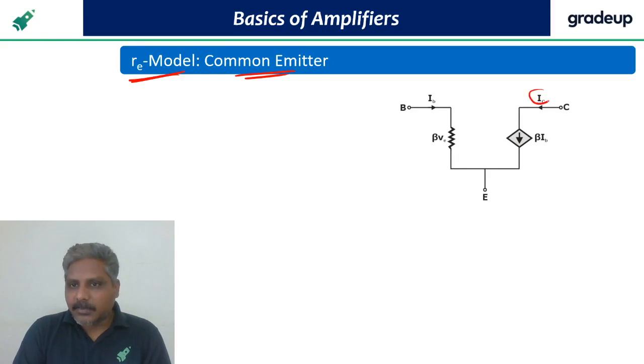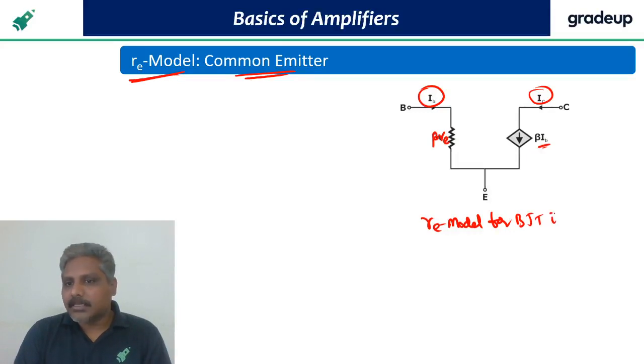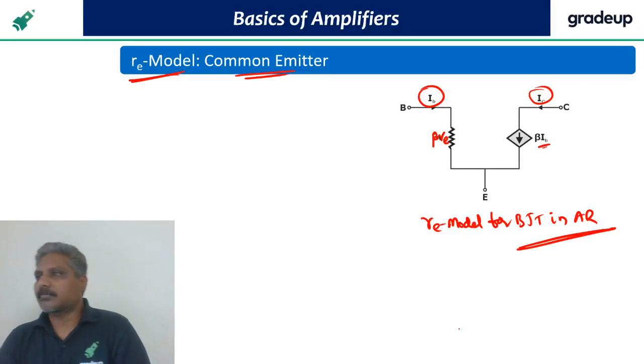This is the collector current, this is the base current. It is beta RE. This is beta IB as well. This is called the RE model for BJT when it is only in active region. True only in active region, otherwise not.